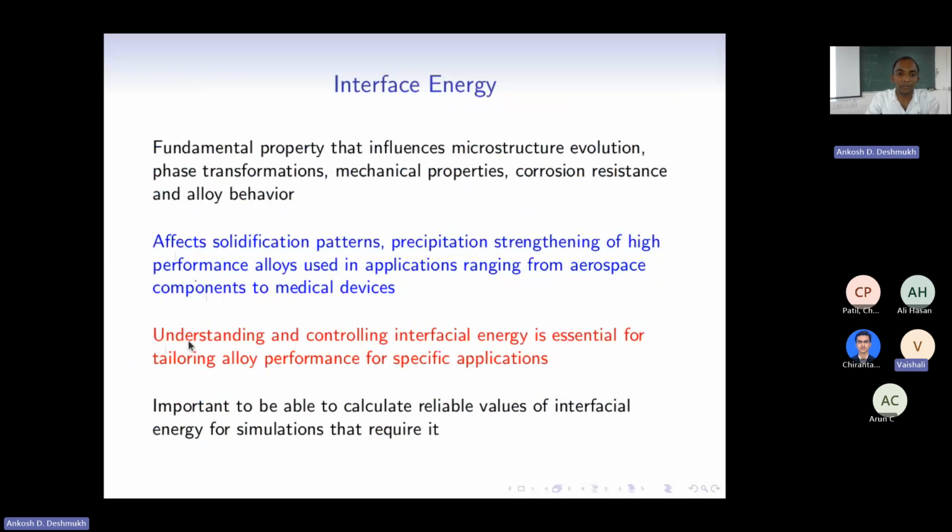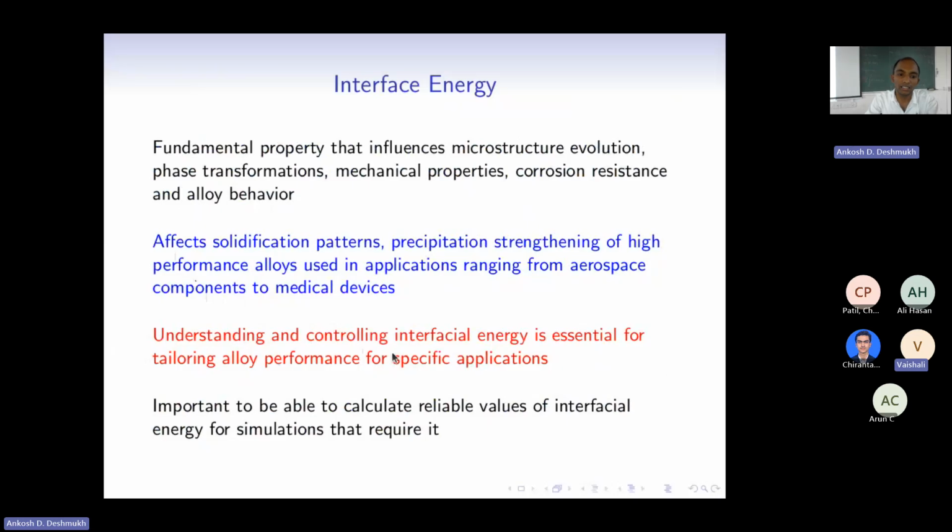So this interfacial energy is used in microstructural phase field simulations, where it is one of the input parameters. So understanding and controlling that interfacial energy is essential for tailoring the alloy performance for specific applications.